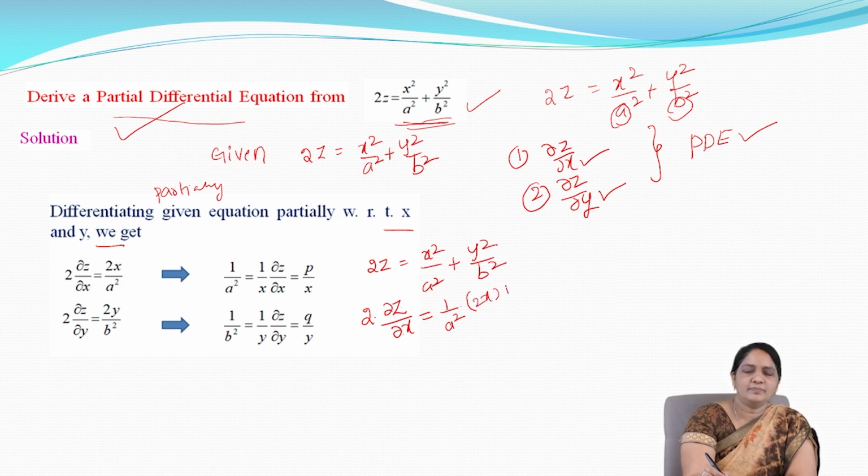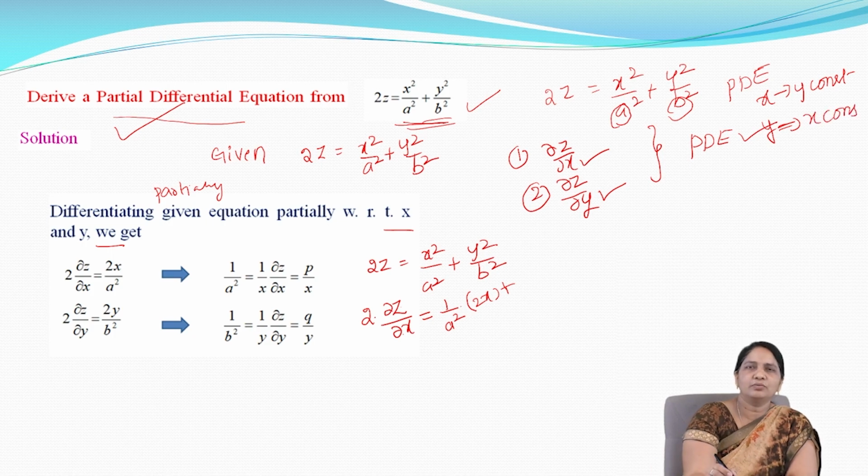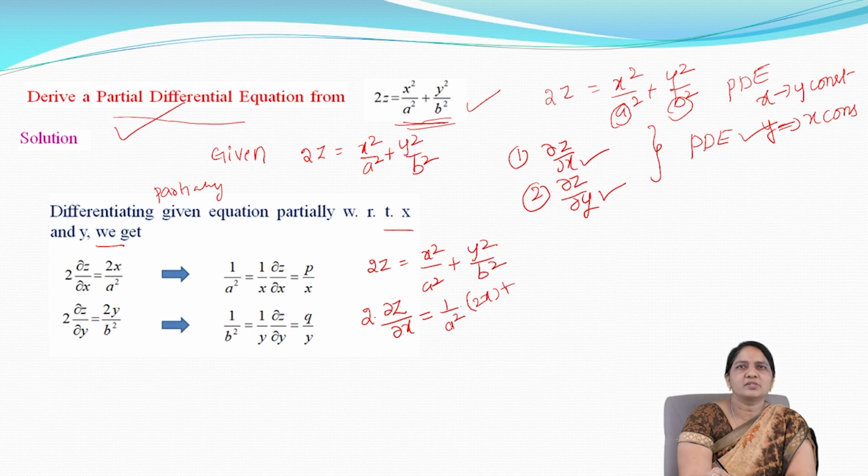Plus here, according to the rules of partial differentiation, when you are doing it with respect to x, the other variable is treated as constant. That means here y is constant. If you are doing it with respect to y, x is constant. Based on that rule, here 1 by a square is the constant and the derivative of x square is 2x.